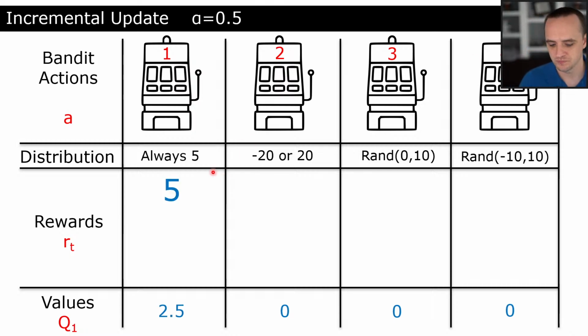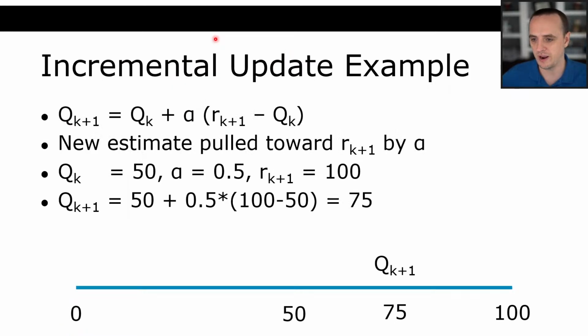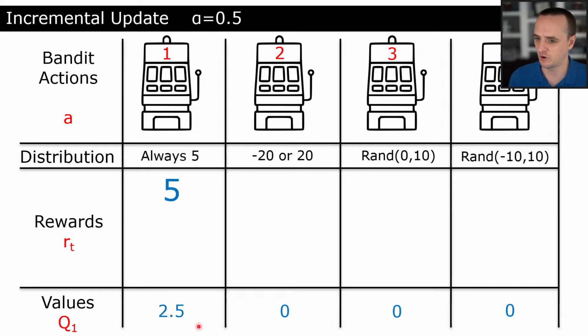So like before, we are going to take a sample here. Our Q values are listed down here. They are currently 0. So if our previous value was 0 and we got a 5, then we are updating our value to be halfway between 0 and 5, which is 2.5.